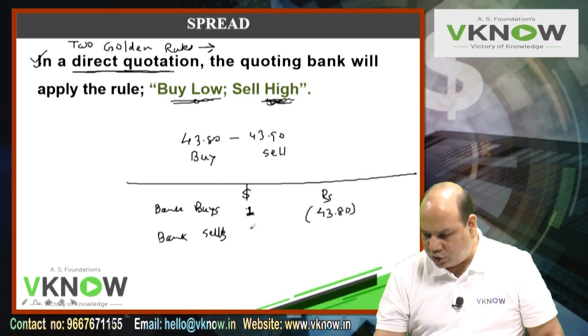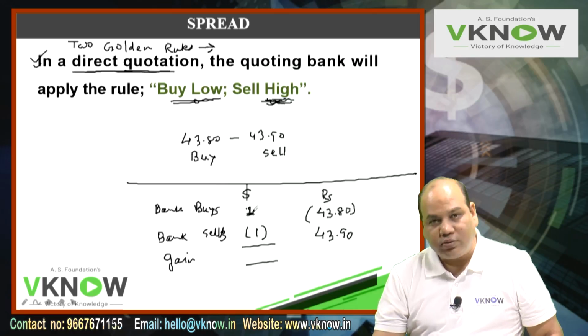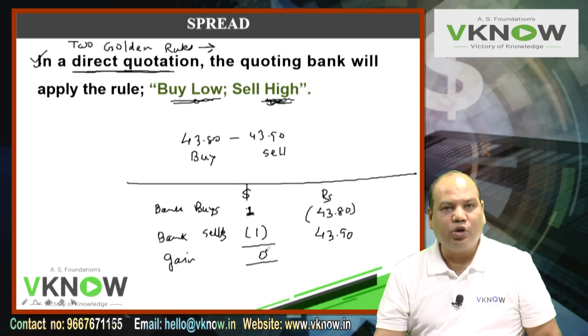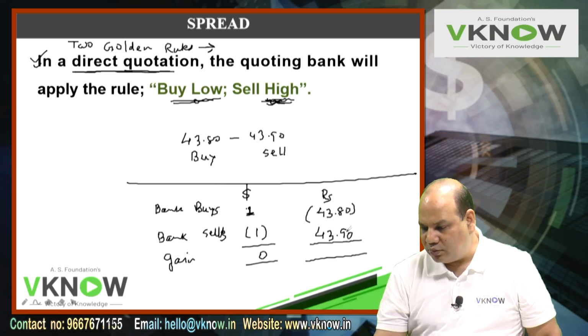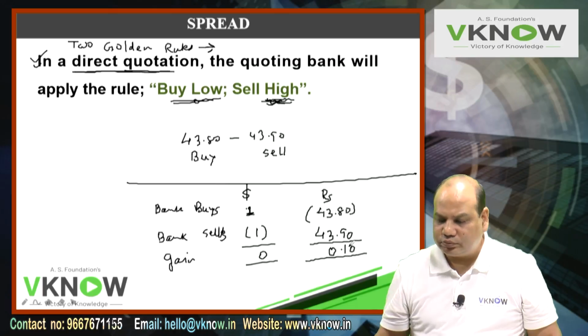When bank sells $1, dollar outflow of 1, rupee inflow 43.90. Calculate the gain. $1 inflow, $1 outflow. So now you have $0 left with you. But when you look at the rupee, you are left with a 0.10 surplus here. So this way you made the profit in case of a direct quote.